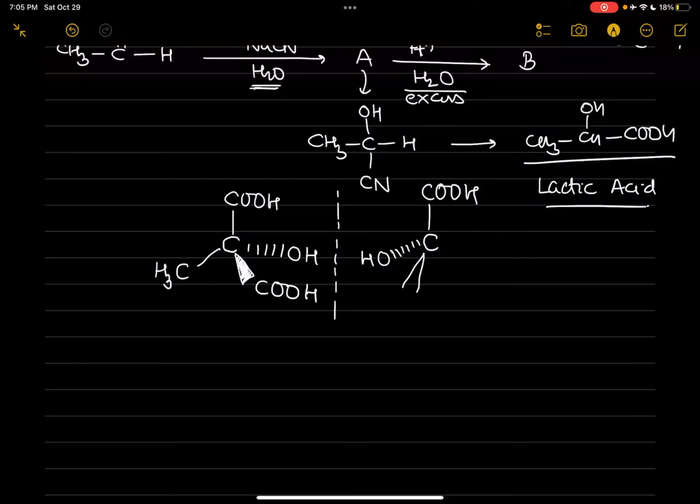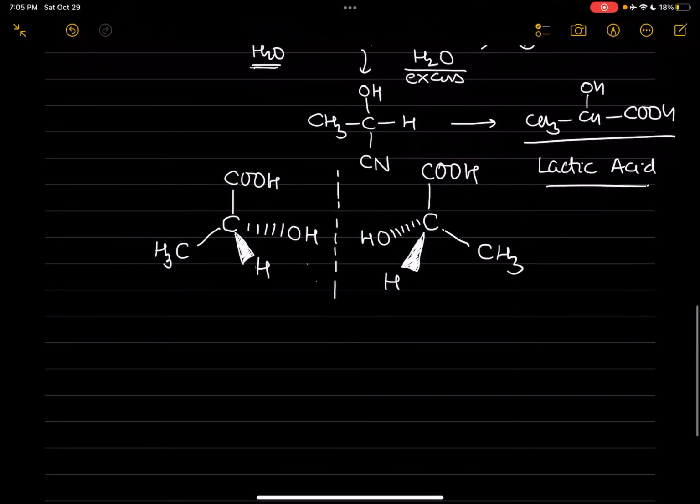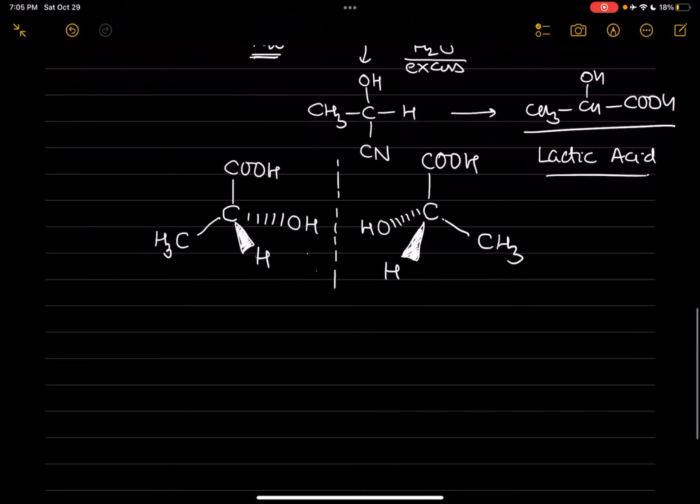What am I writing over here? Not COOH actually. CH3, OH, and H. Sorry. What are these two isomers and why have I written them side by side? What kind of stereoisomers are they?